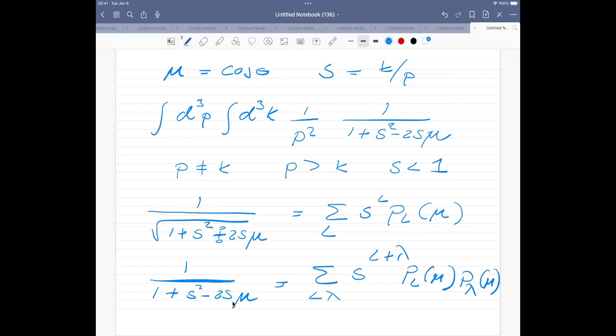So these are just two polynomials. And what is nice with the Legendre polynomials is that they have an orthogonality property. So when I'm integrating and summing over this L and lambda, then I can use the orthogonality properties of these functions. I don't know if you've seen this when you're solving differential equations.